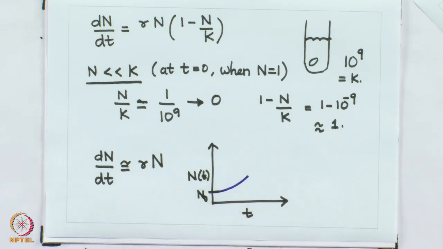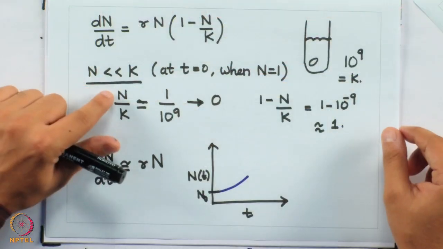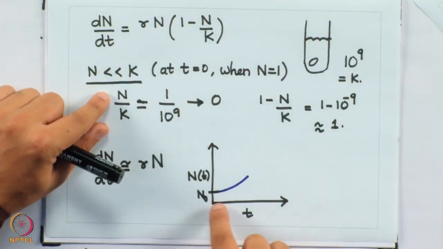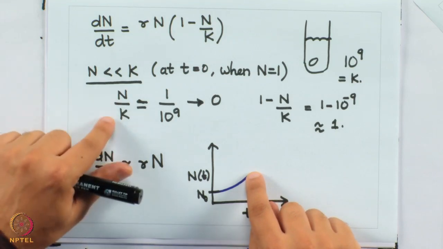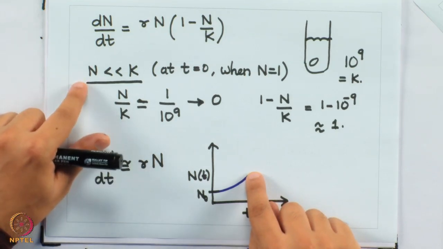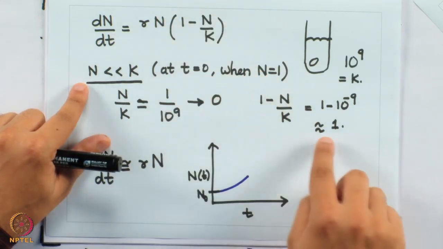But the trick here is to realize that this solution is actually only valid under the condition where we developed it, which is when N is much less than K. As we see here, our solution develops with time, the number N increases with time, and as N increases, this assumption is no longer going to be valid, and we will no longer be able to ignore this factor which we have assumed to be 1.